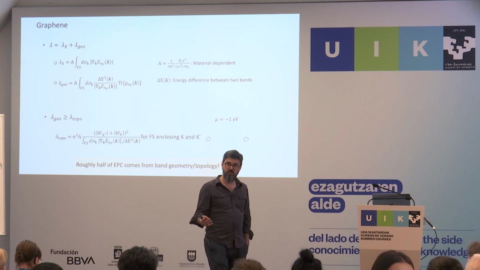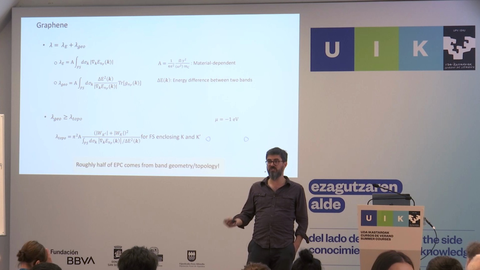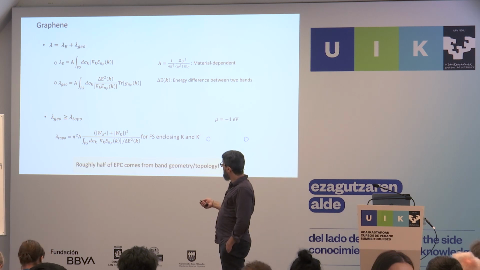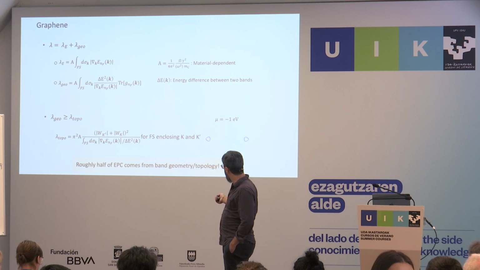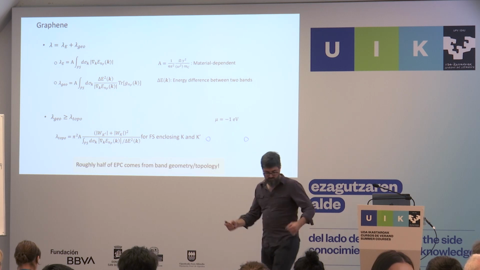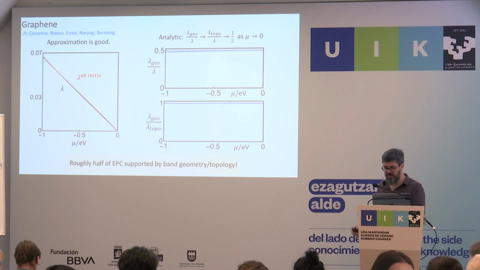That's also true if you integrate the metric not over bands, but over Fermi surfaces. If that Fermi surface has a winding, for example, there is a topological part which this is larger than. And this topological part is proportional to the square of the windings of the two Dirac nodes.